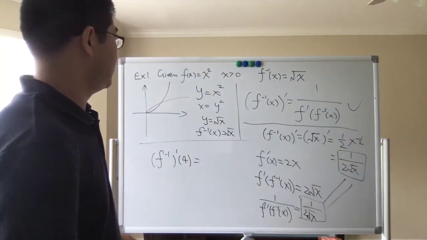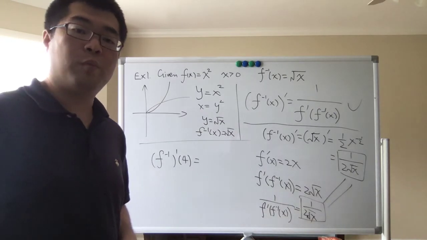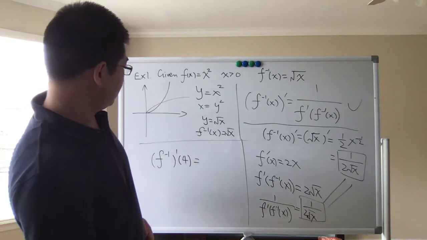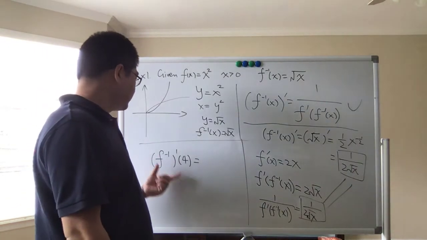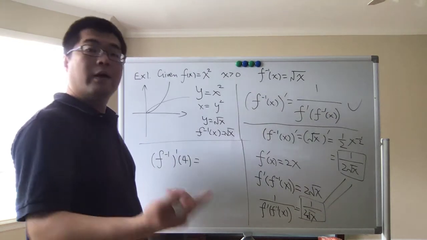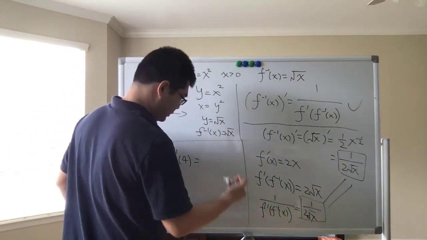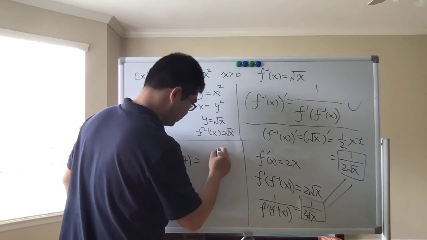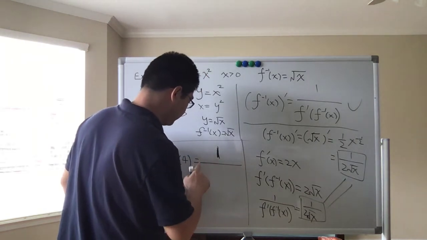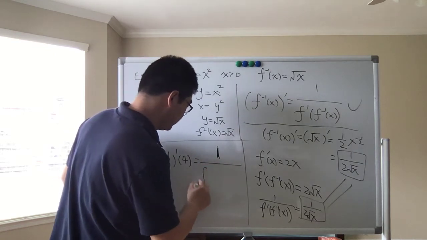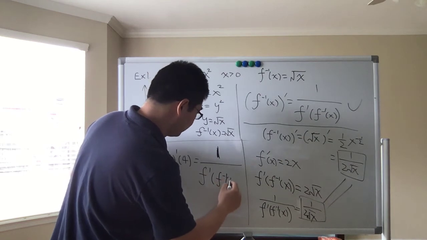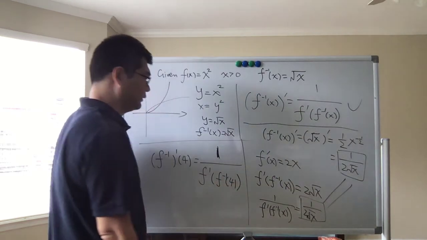Now, let's do a little bit more. Let's work on a problem like this. I want to figure out the derivative of f inverse evaluated at 4. Based on the derivative rule for inverse functions, it equals the reciprocal of the derivative of the function evaluated at f inverse of 4. Agree?